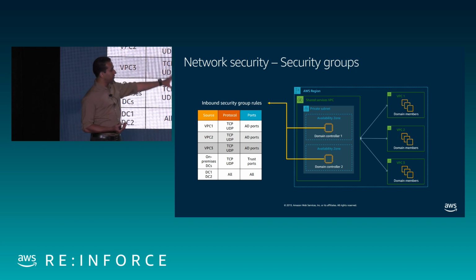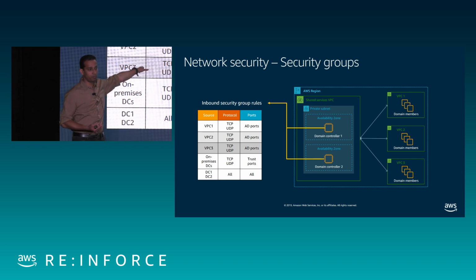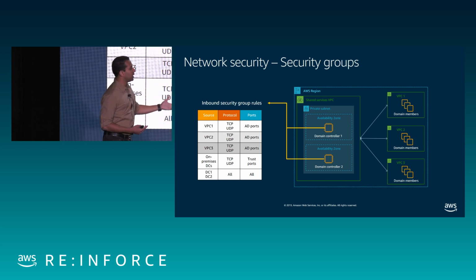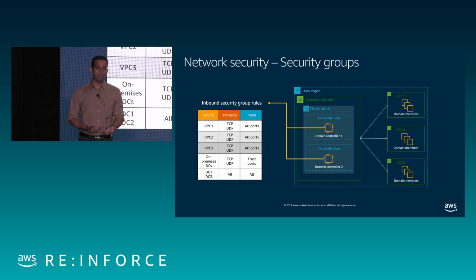So if you have 3 VPCs and one of them has no reason to talk to AD, you would not have that VPC in the security group to allow. You would just completely ignore that VPC. So you would only allow the VPCs that need it, and you can get down to subnet granularity if you like, but for the most part, we have seen that this simplifies design, and it simplifies the access controls that you need.